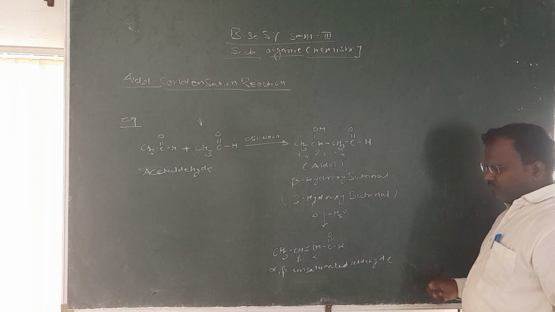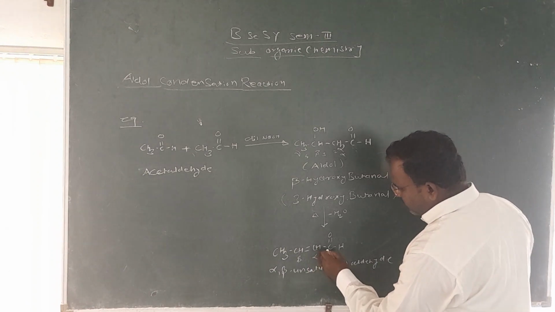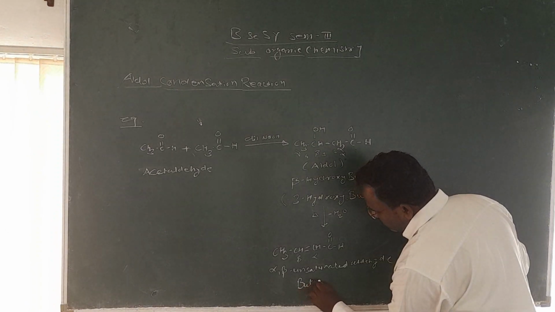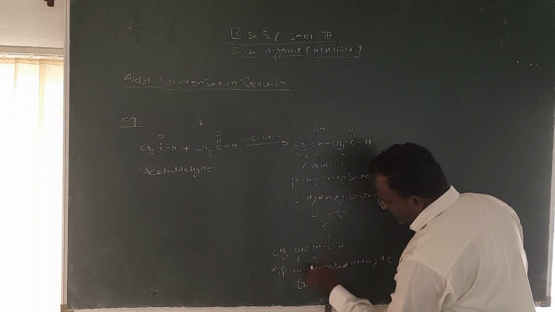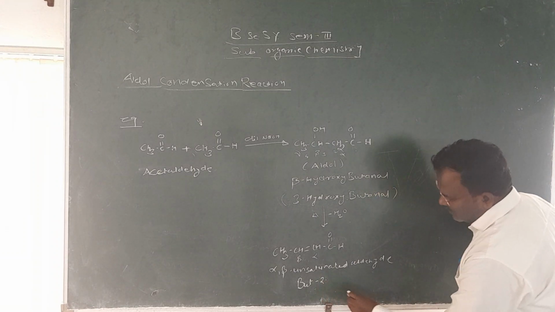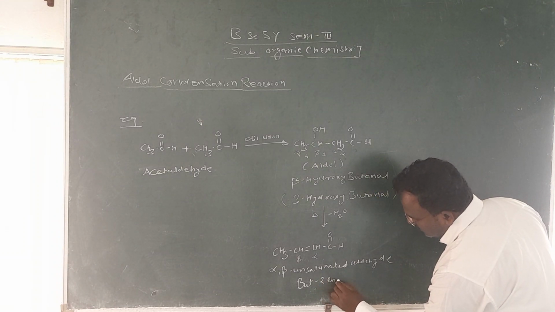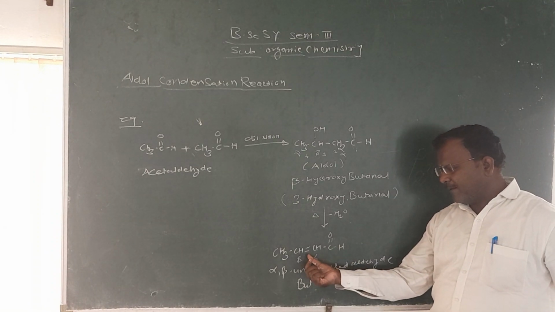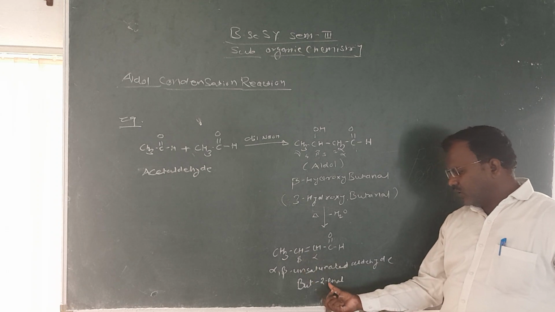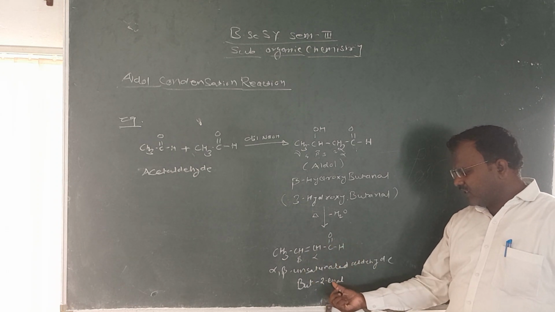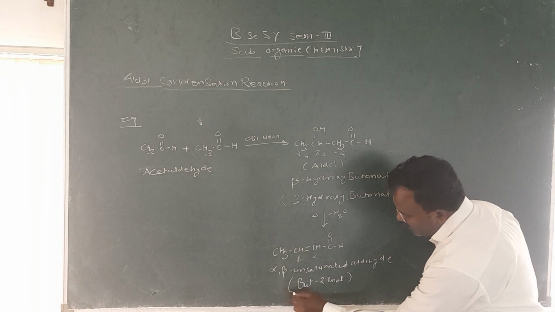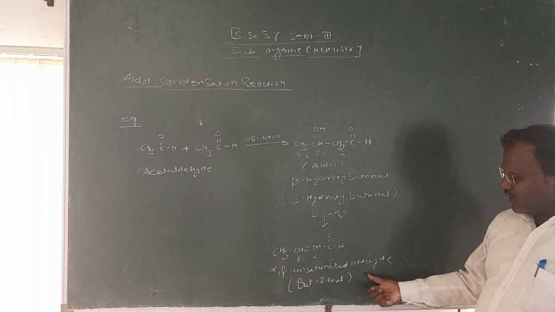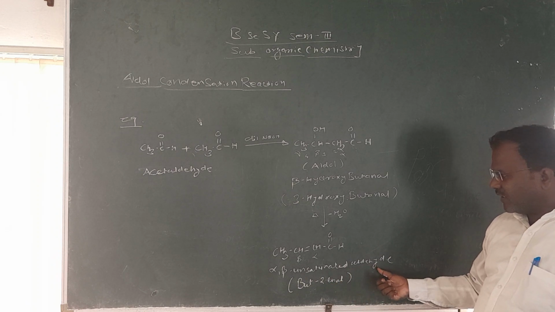The name of the compound, with carbon atoms 1, 2, 3, 4, is but-2-enal: at position 2 an alkene group is present, and the aldehyde group is present, that is al. This is the IUPAC nomenclature of this alpha beta unsaturated aldehyde.